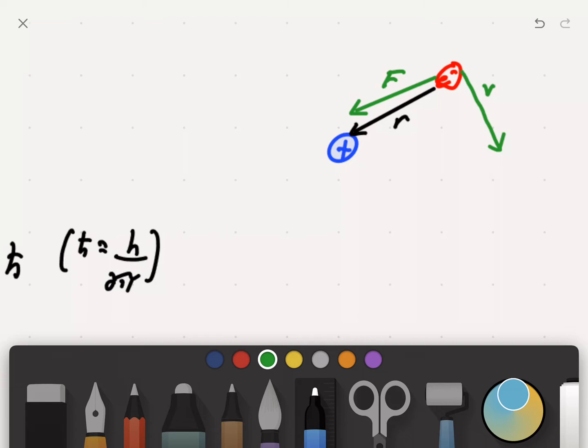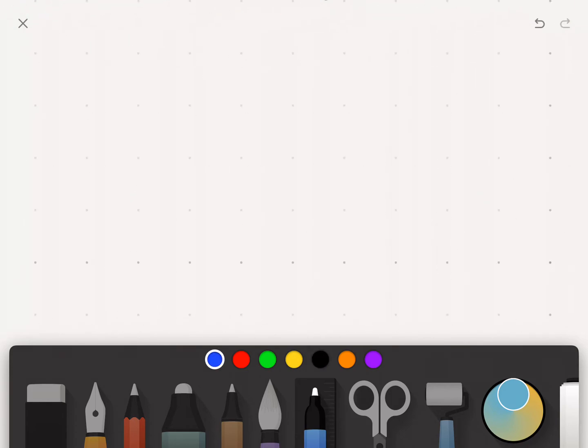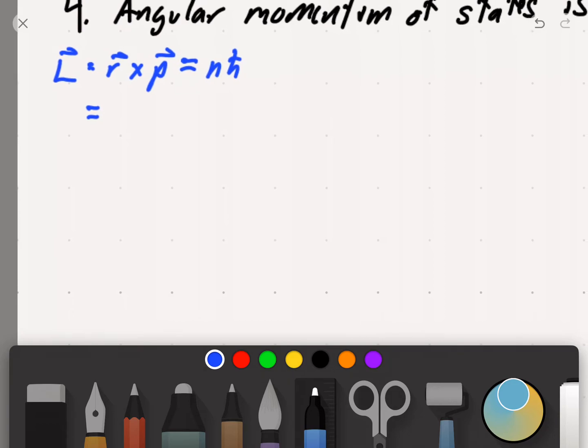So we know that these things are going to be 90 degrees to each other. So going back down here, this just means that the radius times the mass of the electron times the velocity of the electron is going to be equal to an integer times h bar. So the magnitude of the angular momentum will be that. Now, what about our energy conservation? So let's start with energy conservation here.